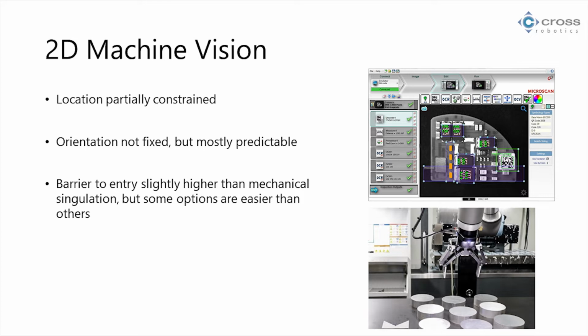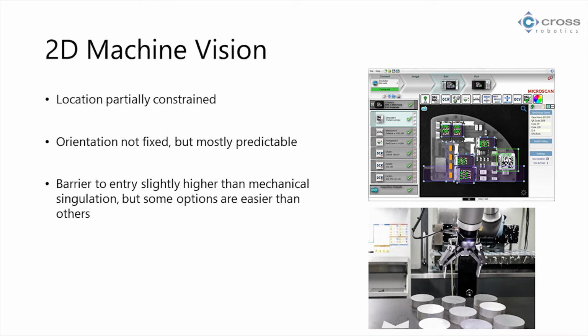So he's using 2D machine vision. He knows these are flat cylinders. They can only lay on a table one of two ways. And honestly, because it's a blank cylinder, it doesn't matter which of those two ways it is. It's basically the same. So you can use a 2D camera to tell the robot where the part is on the table, and then the pick approach is basically exactly the same every time. 2D vision's great for that, okay?